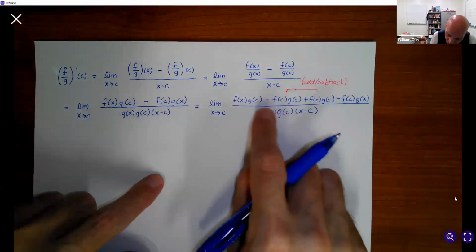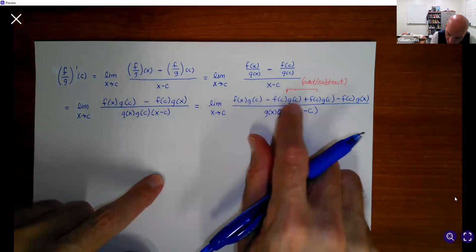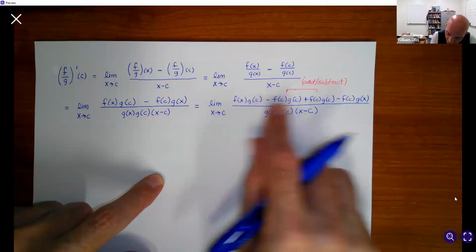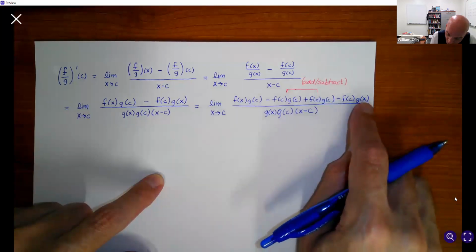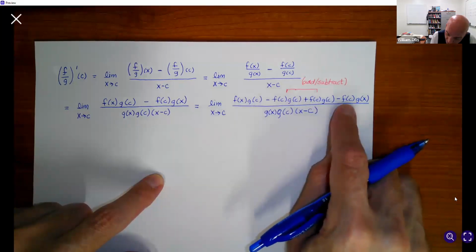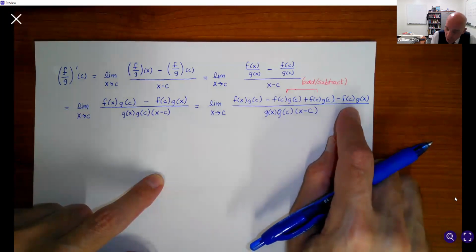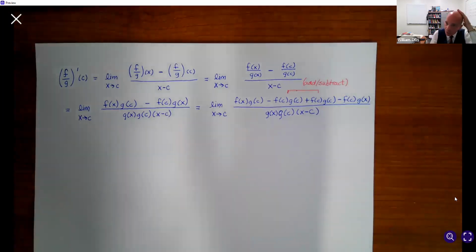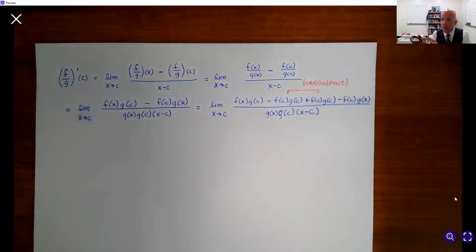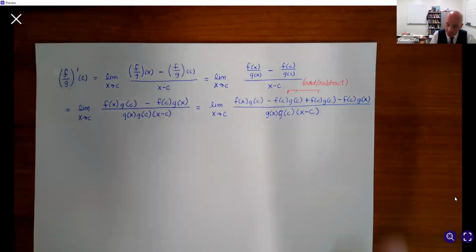And now what you can see is common to the first two terms is the g of c. And then what's common to the other two terms is the f of c. So we'll just factor so that we have the order of the function and the evaluated function for the definition of derivative.